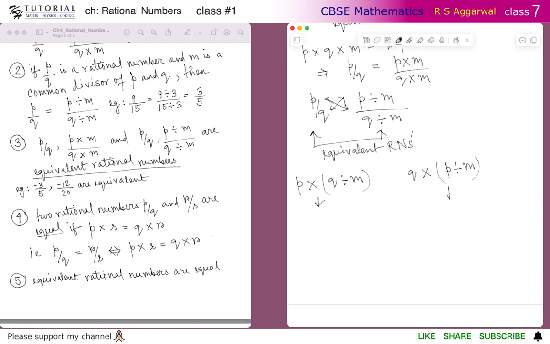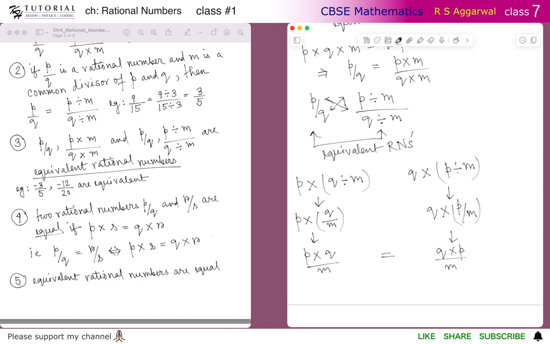Of course they are equal, because we know from multiplication of integers that multiplication is commutative.